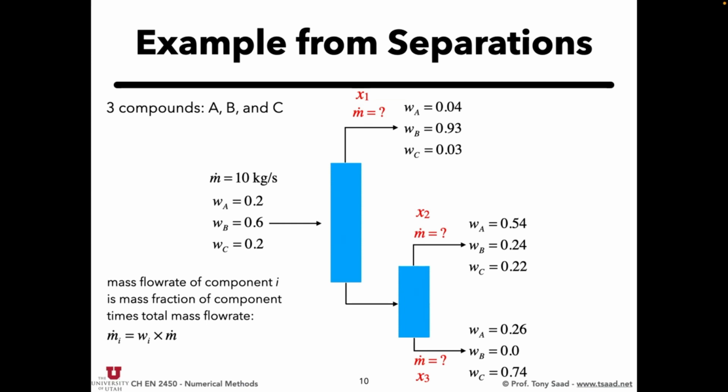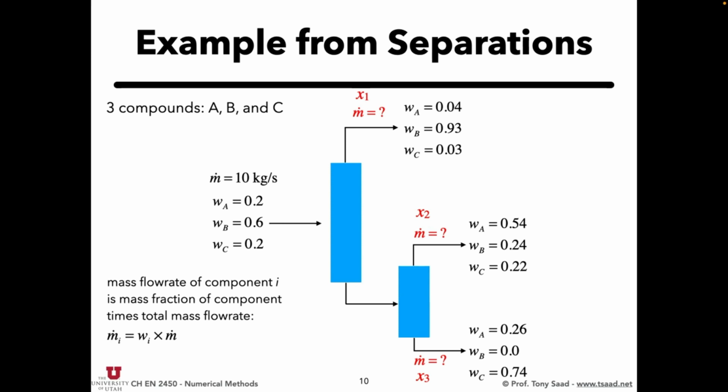Essentially, what separations do, they take a mixture of compounds. In this case, we're going to take 3 compounds, A, B, and C. They're coming in at a mass flow rate of 10 kilograms per second. And what these WA, WB, WC are, they are essentially the mass fractions of the incoming stream.